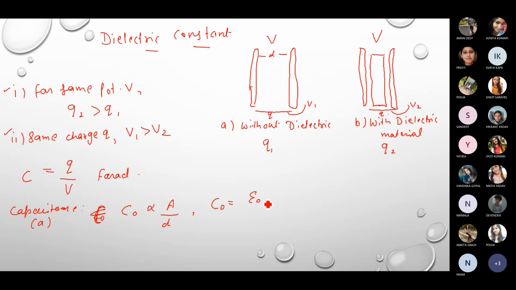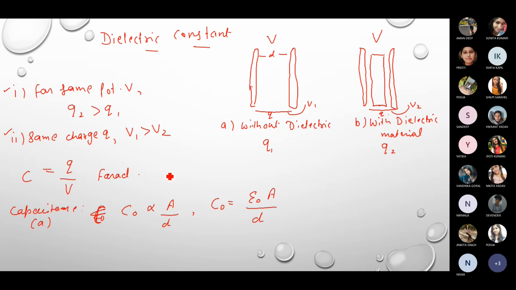So this is epsilon naught A divided by D. This epsilon naught is known as the permittivity because here there is no medium in the first system A. If you see here we have vacuum, so epsilon naught is the permittivity of the vacuum, and this replaces the proportionality sign.